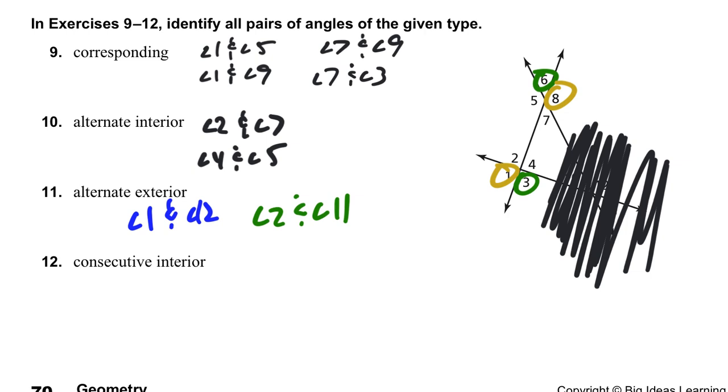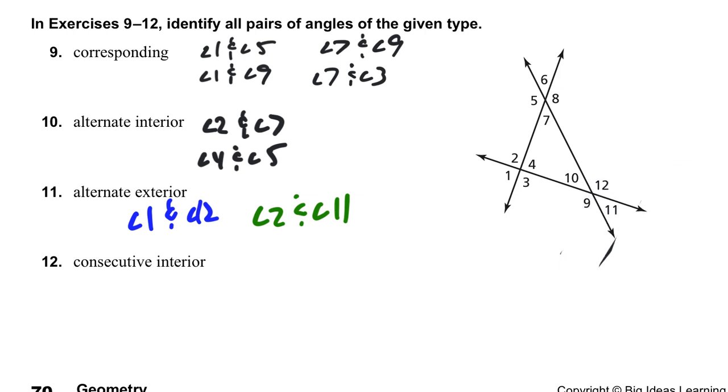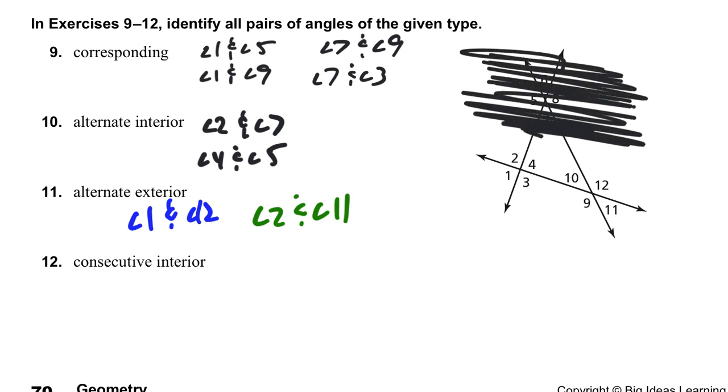And then last but not least, sorry, I know this is a long lesson, we have our consecutive interior angles, also known as same side interior. So let's cover up this top one. If I covered up this top one, my interior angles are going to be 4, 10, 3, and 9. Wait, I said alternate.